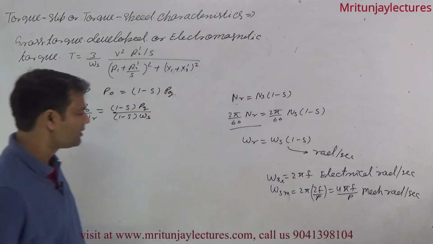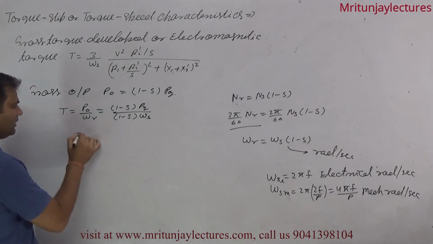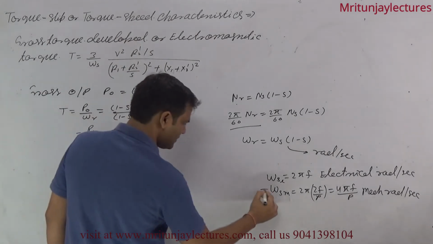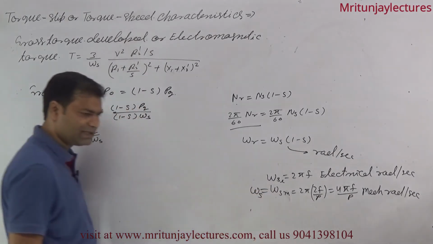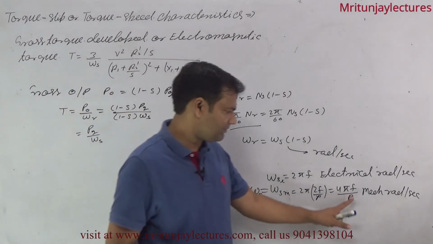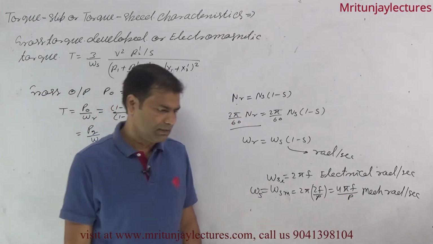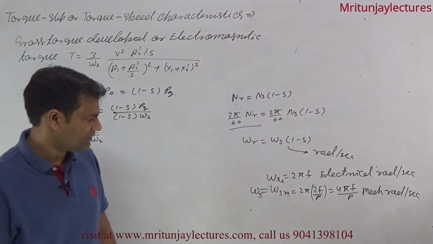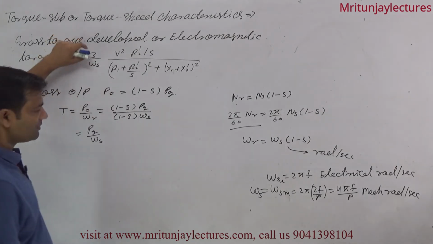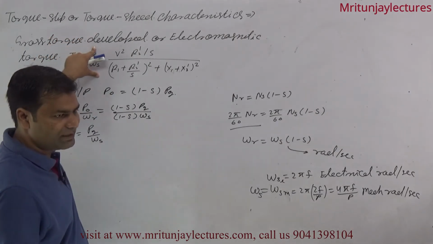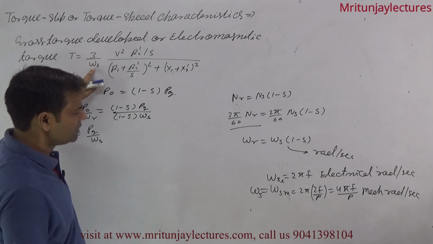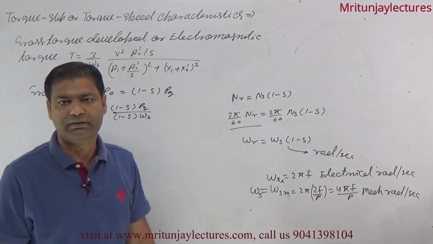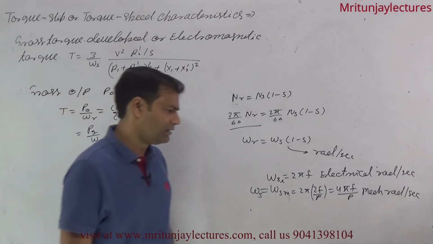Okay. Now here, Pg divided by omega S, basically this omega S is actually omega S m, that is 4 pi f by p always. If f and p are given in the question, you can use this formula for numerical or theoretical purposes. What is omega S? Omega S is 4 pi f by p, that is mechanical radian per second. Okay, clear?